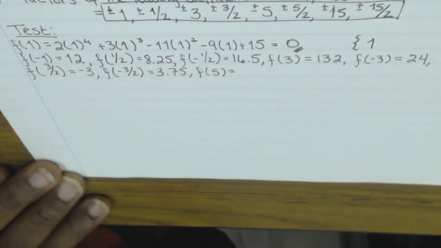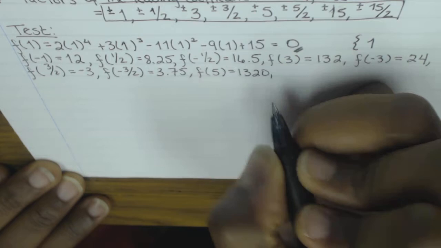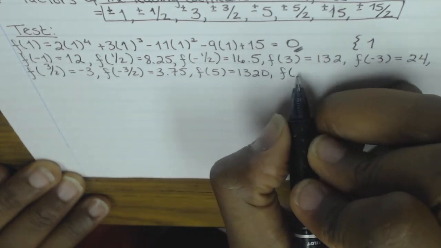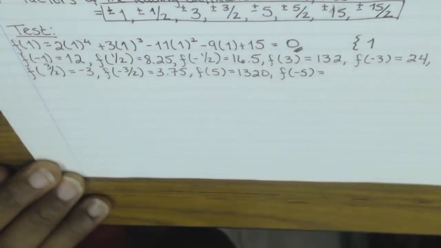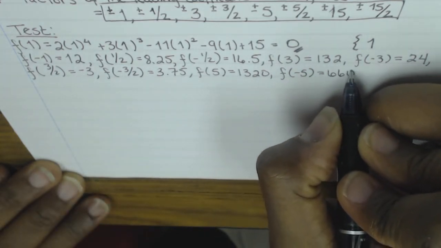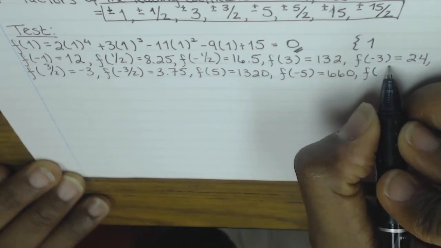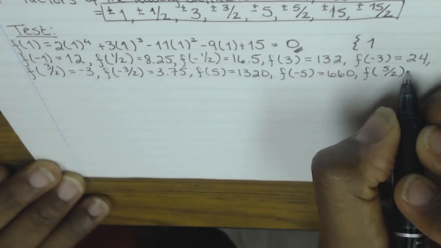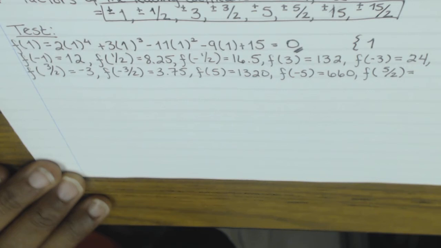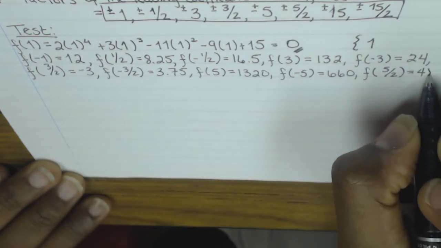Have f of 5 gives me 1,320. Not what I'm looking for. Have f of negative 5 gives me 660. Not what I'm looking for. So f of 5 halves gives me about 48.75.